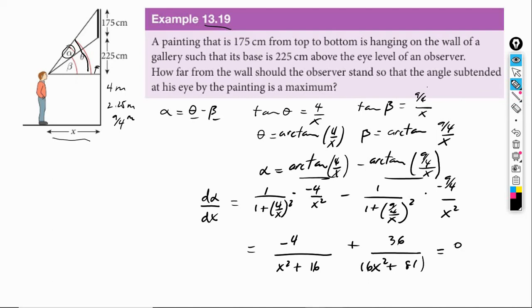Okay. In order to do that, we would have to cross multiply. So we're going to get minus 4 times (16x squared plus 81) plus 36 times (x squared plus 16).